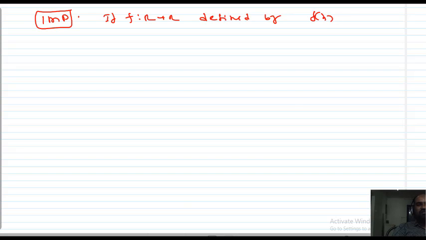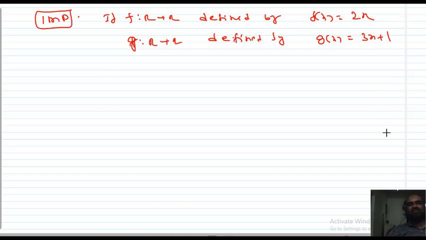Important. If f maps R to R defined by f of x equal to 2x, and g maps R to R defined by g of x equal to 3x plus 1.